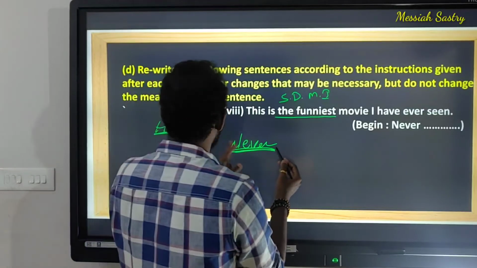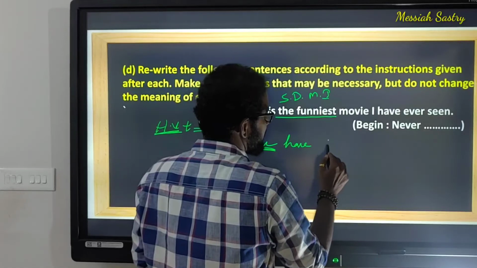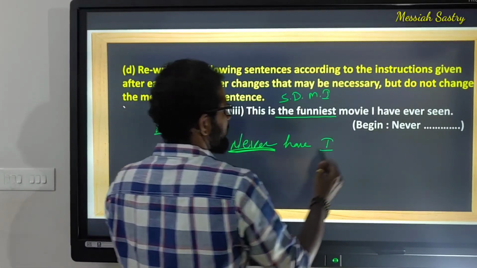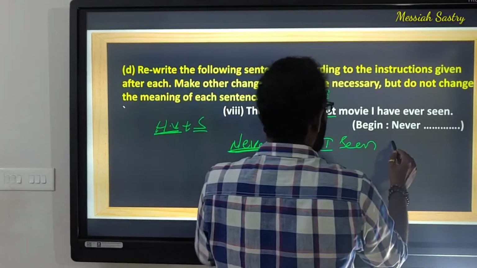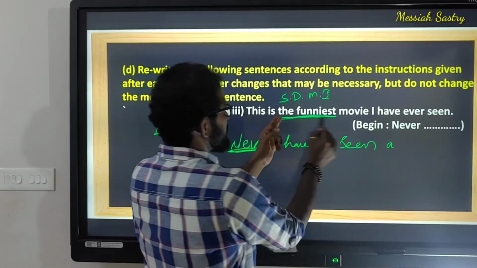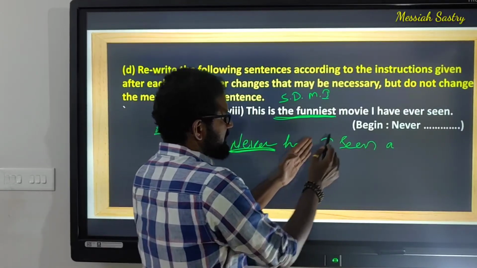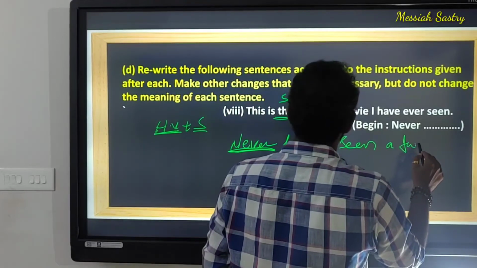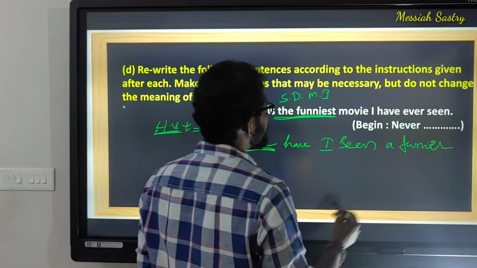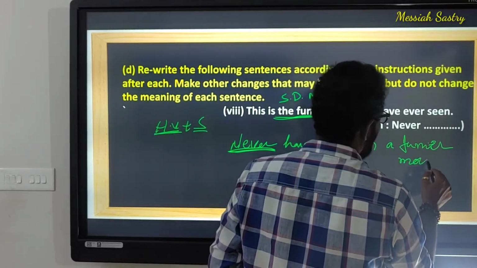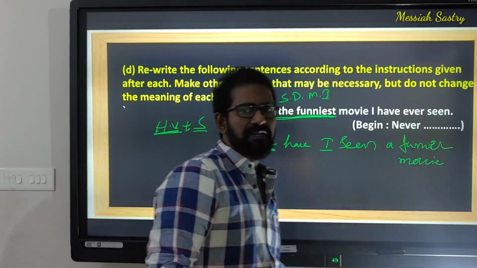So, never have I seen. This is a superlative. Now we are writing the comparative. Never have I seen a funnier movie.